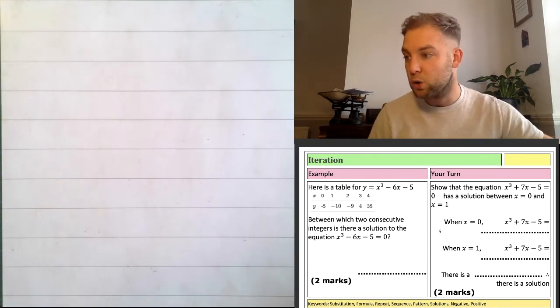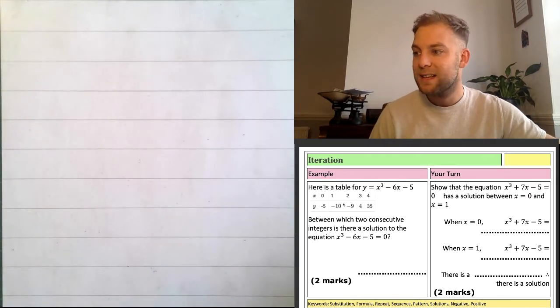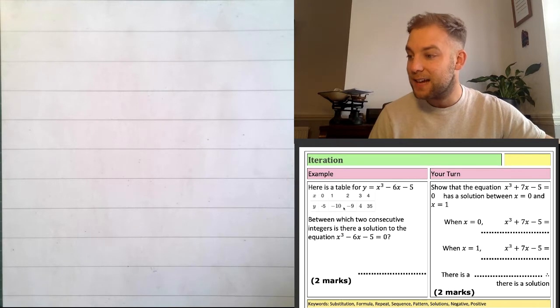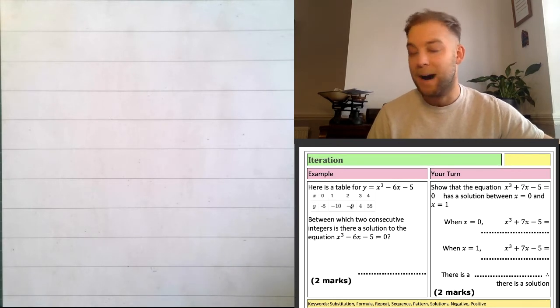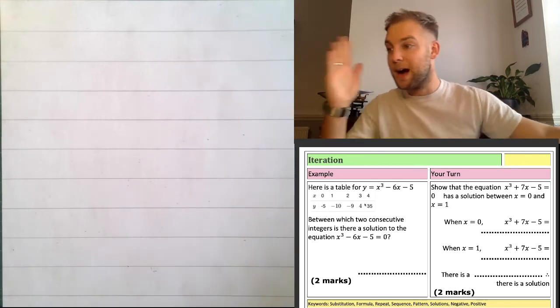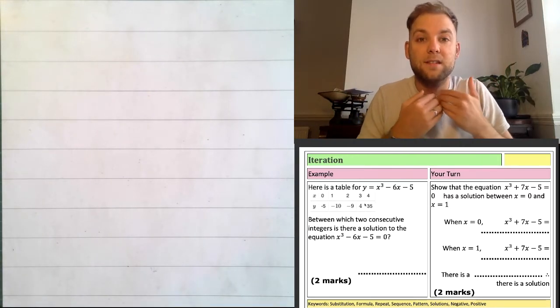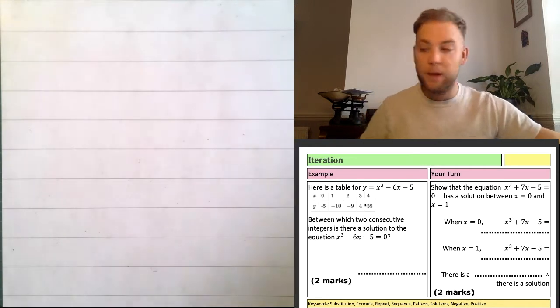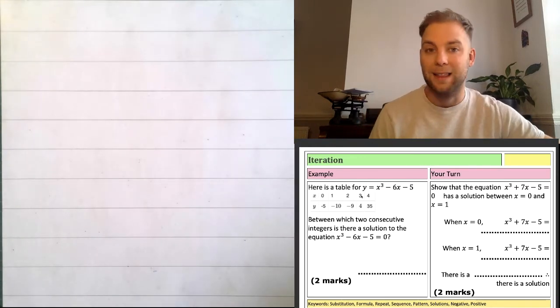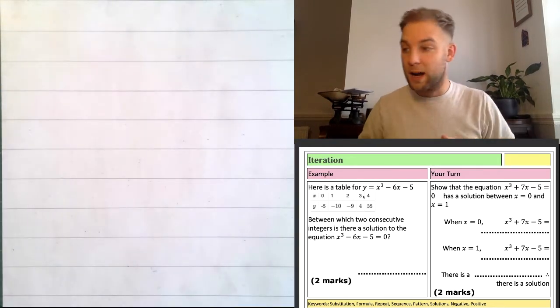So if I go across my table, where does that sign change occur? Well, that sign change occurs between minus 9 and 4. So minus 9 and then it goes to 4. So where must my value lie? Well, it must be between 2 and 3. So that's what I'd write here.